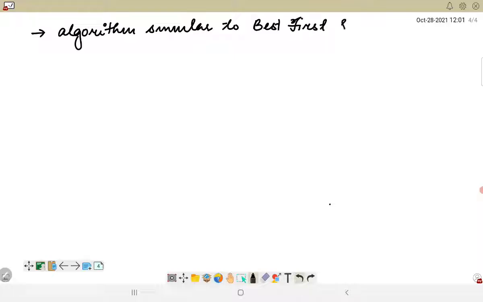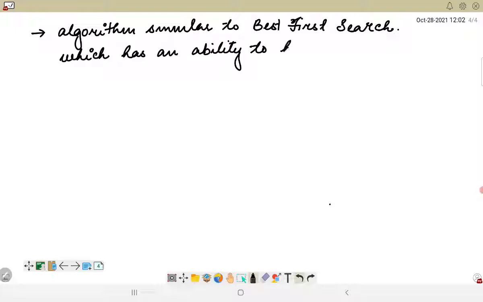Best first search typically depends only on the heuristic function. So we need an algorithm which is similar to best first search, but which has an ability to handle AND arcs.